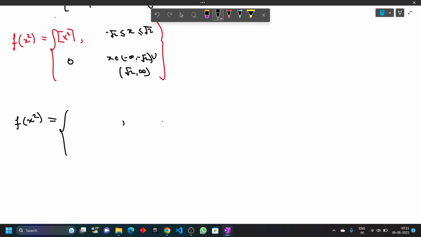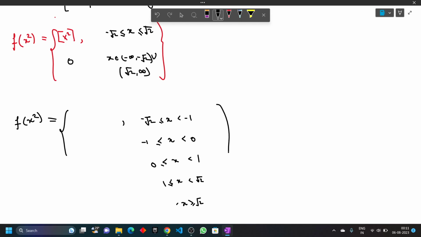The first part is x belongs to minus root 2 to minus 1, then x belongs to minus 1 to 0, then x belongs to 0 to 1, then x belongs to 1 to root 2, and then x belongs to root 2 to infinity.